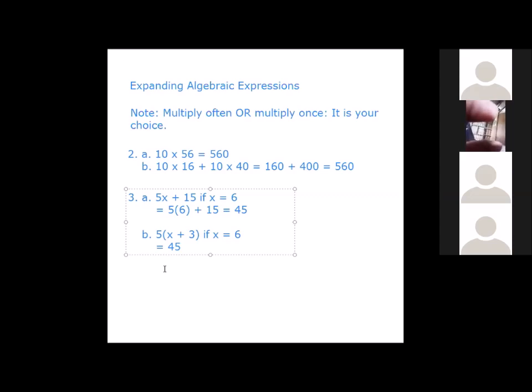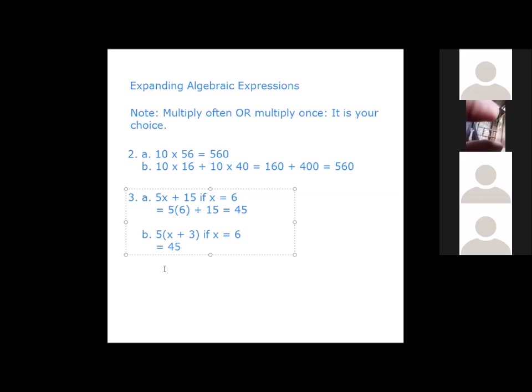Now let us investigate. x is equal to 6. What if, Ella, can you give me a single digit number? 8, ma'am. Okay, now let x equals 8. Let us use 5x plus 15. 5x is 5 times 8, 40, plus 15 is 55.